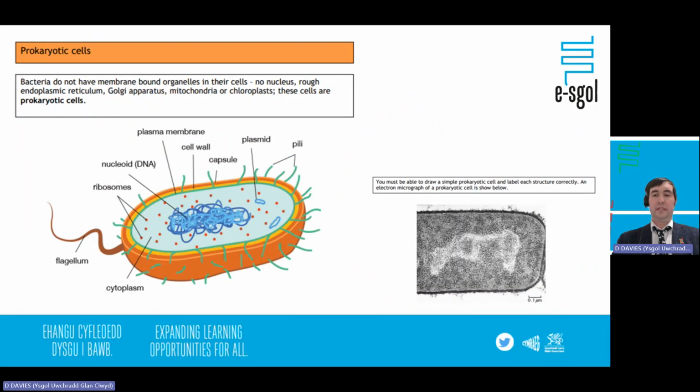Okay, prokaryotic cells. Prokaryotic cells are cells that do not have membrane-bound organelles. So that means all the organelles are basically floating around in a big cytoplasmic soup inside the cell. Okay, so again here, you need a list or a table.